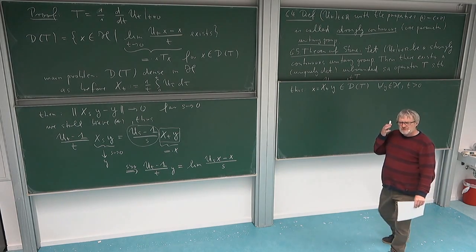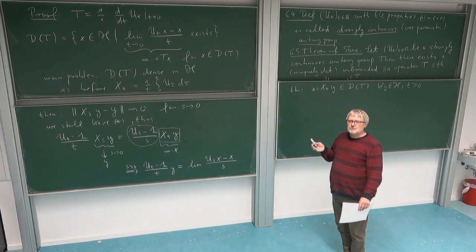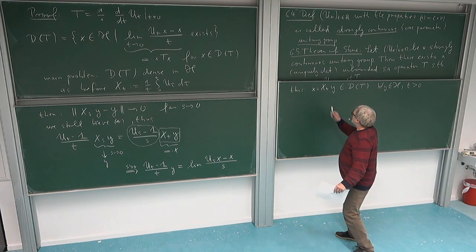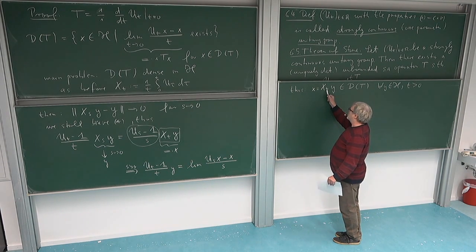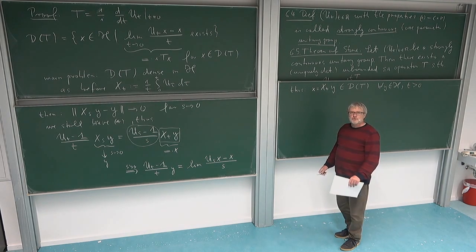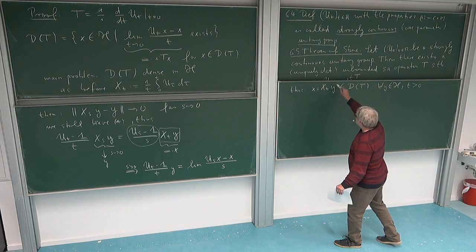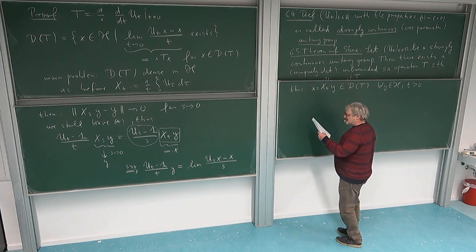And now the question is, of course, are those vectors really dense? And because xt goes pointwise to the identity, you see that any y, essentially I can approximate by xty if t goes to 0. So this means actually the vectors of this form, they are really dense.